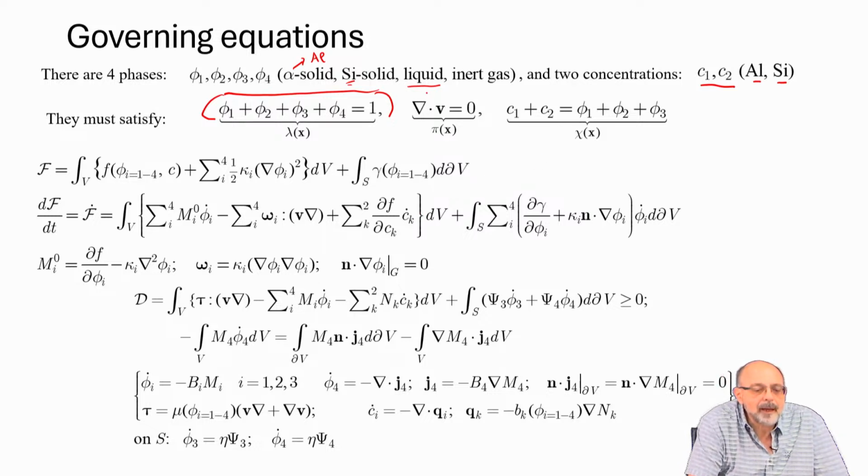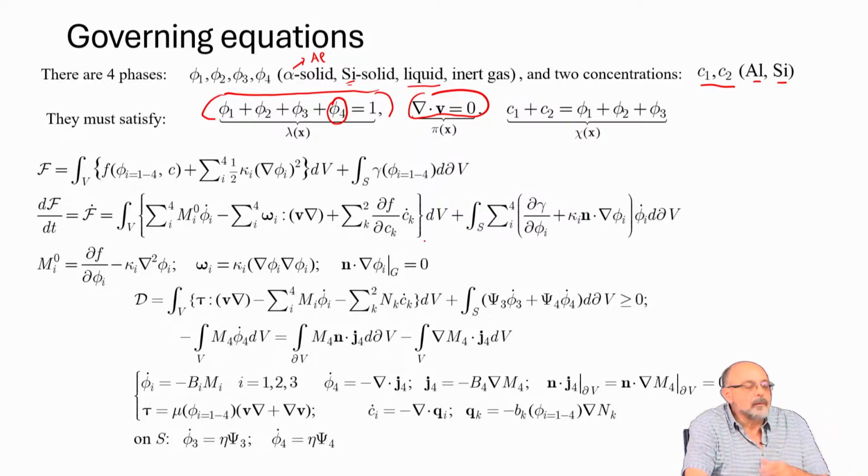I have an incompressibility condition, and my concentrations do not exist in phase phi4, so C1 plus C2 must be 1 when I'm in one of those 3 phases, 1, 2, 3, and will be 0 when I'm in phase 4, that is, in the gas.